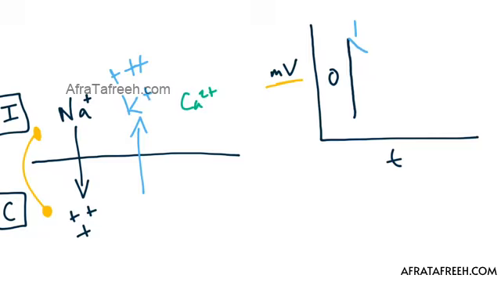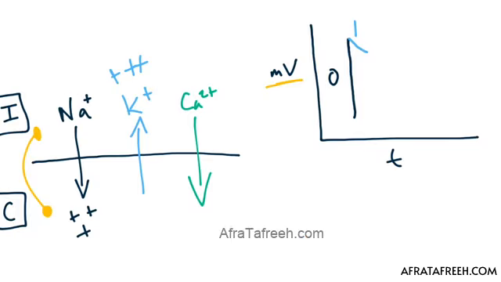Moments after the potassium channels open, the calcium channels open, and calcium begins to enter the cell. The combination of positively charged calcium entering the cell and positively charged potassium leaving the cell counteract each other, so the voltage during this part of the action potential stays relatively constant.